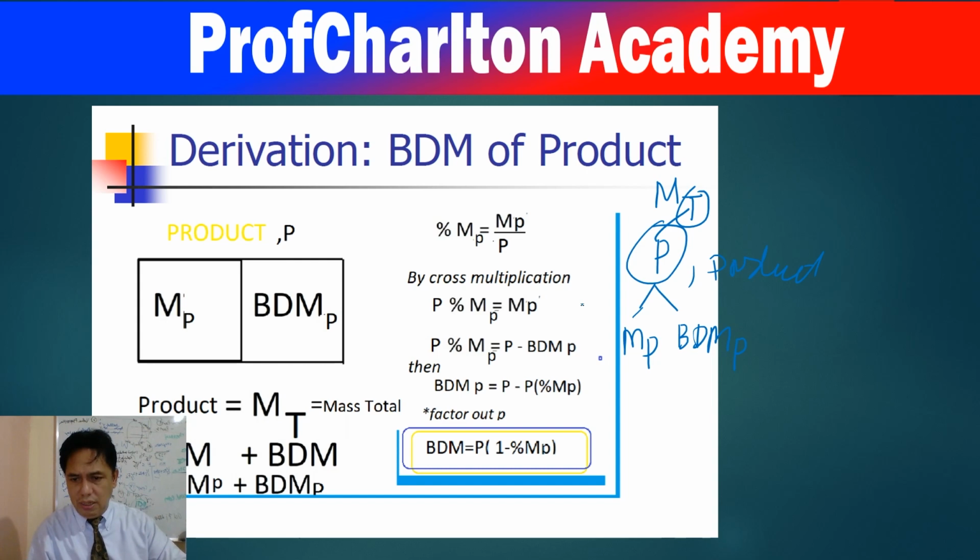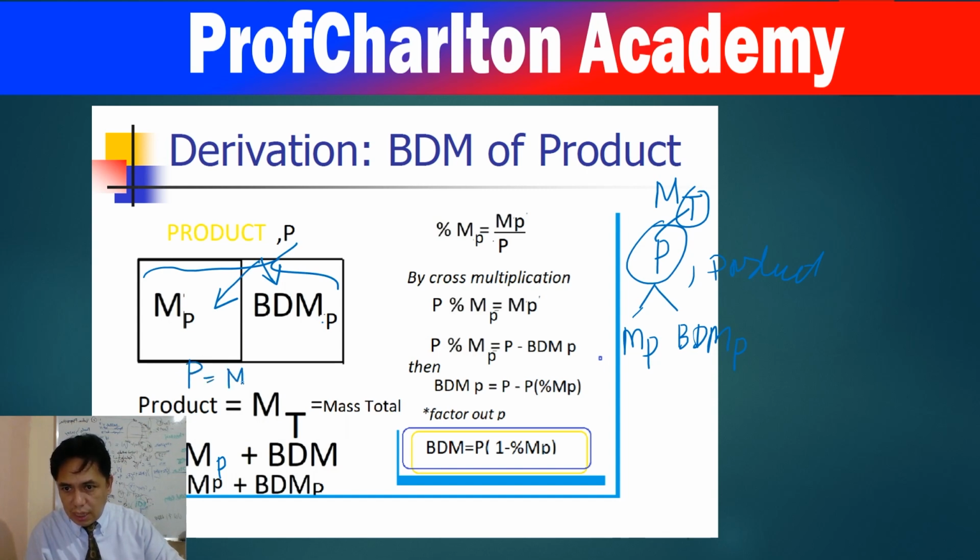So if we are going to equate P now, P is like this. I think it's lacking the subscript here. So P now, this is the P as a whole. P is the summation of M sub P and BDM sub P, right? So if we put that in the equation, P equals M sub P plus BDM sub P. Now, there are two components of this product.